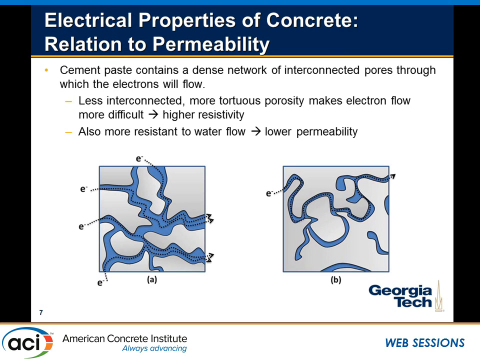It's also easier for water to flow through. So typically when you have low resistivity, you also have high permeability. And the opposite is true with this figure B, when it's more difficult for the current to flow through because you have a more tortuous network, less interconnected porosity. You have a higher resistivity and a lower permeability.